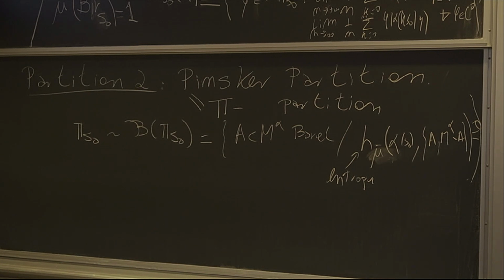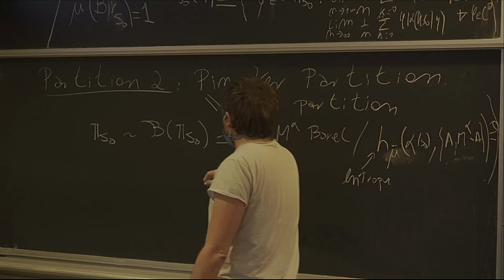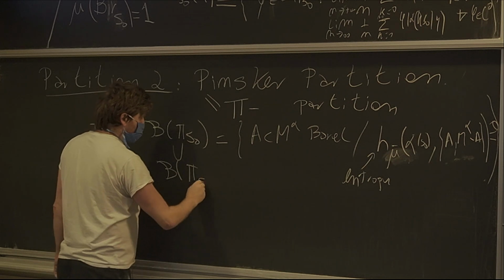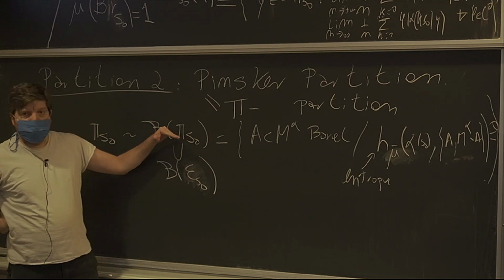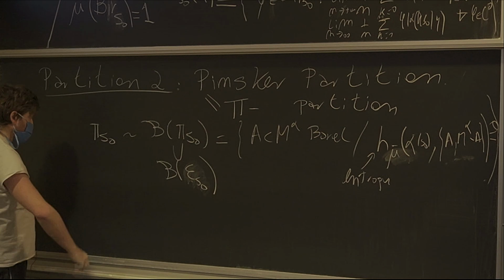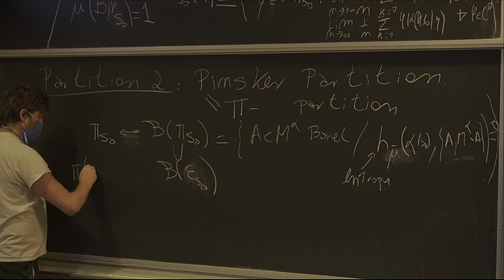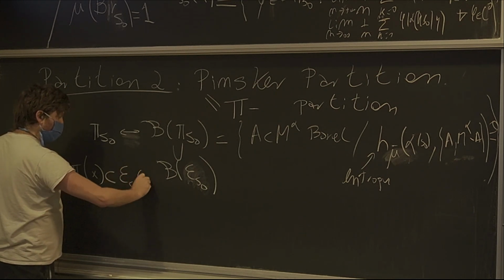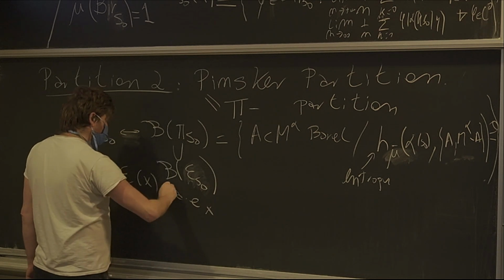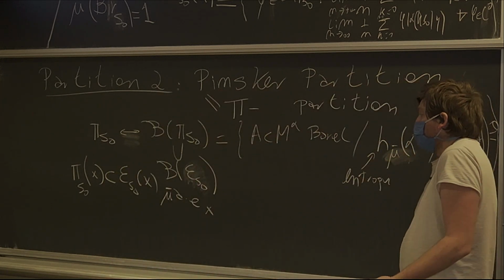It is reasonably trivial to show, there are other ways to show it, that every invariant set will contribute to 0 entropy, which means that the sigma algebra of invariant sets is contained in this, and this implies that correspondingly for the partition, pi S naught of X will be contained in epsilon S naught of X for mu bar almost every X. And here always we have to work with almost everywhere because all things are only defined almost everywhere.